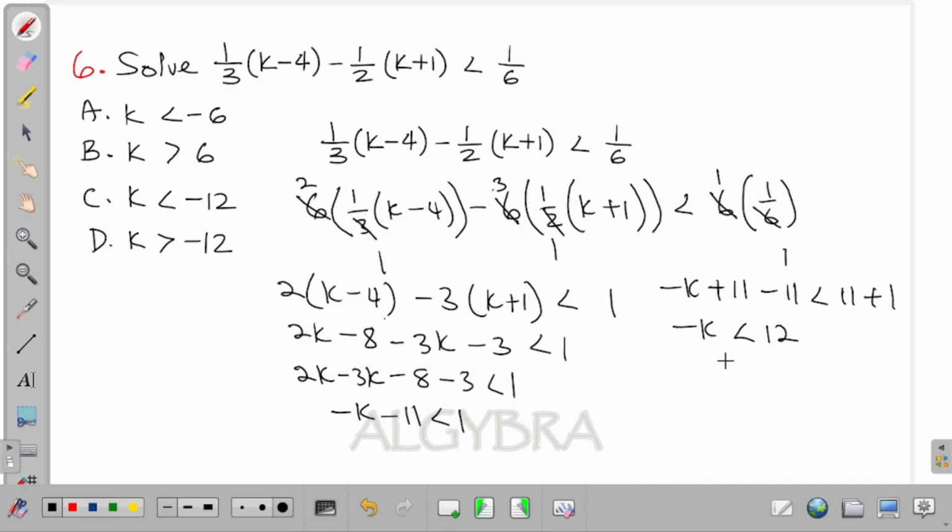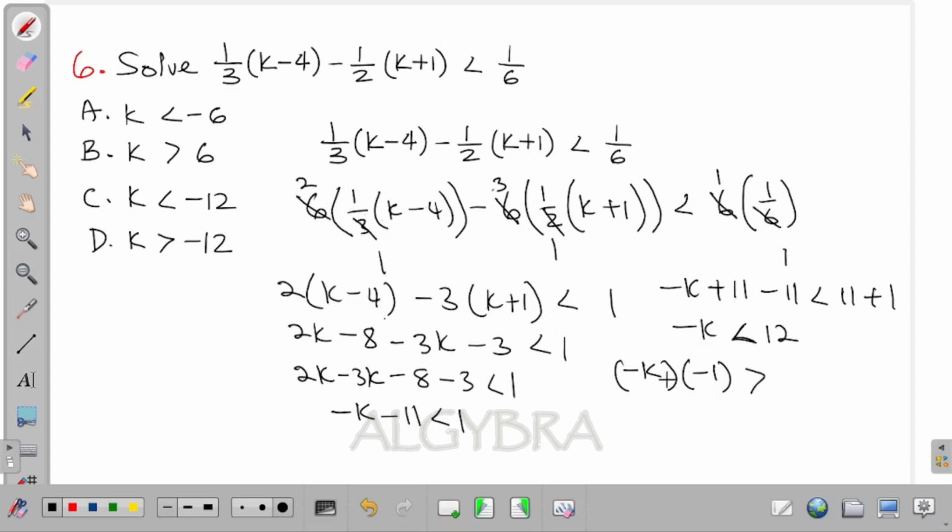So what we have to do is to multiply both sides by -1. But when we multiply the terms of an inequality by a negative number, the inequality sign has to change. So if I multiply the left-hand side and right-hand side by -1, I change the less than to greater than.